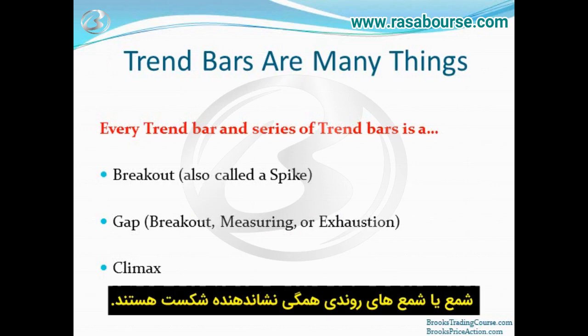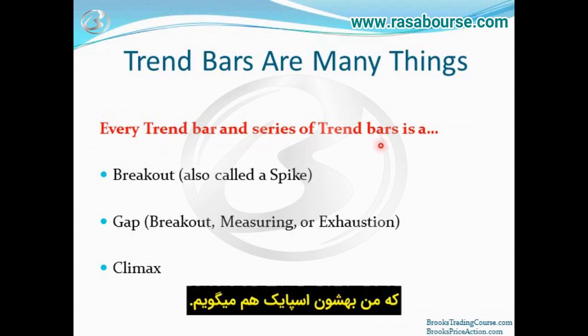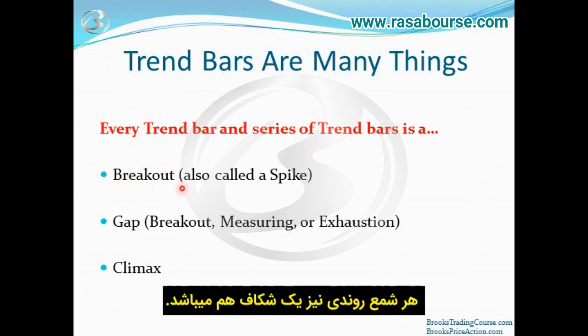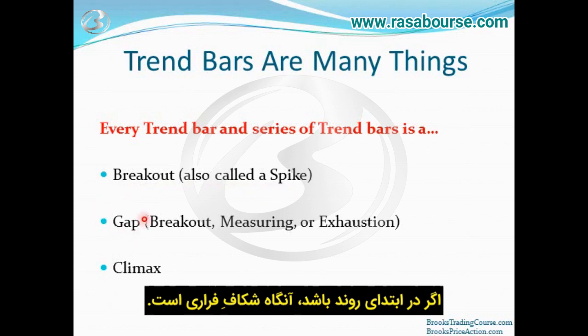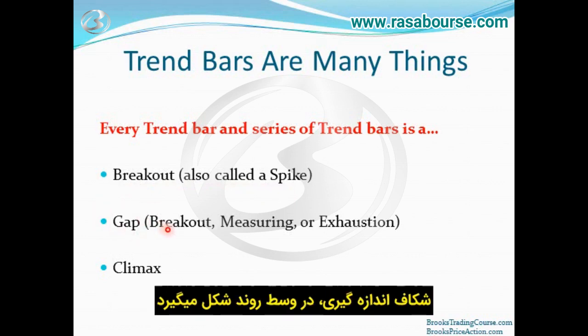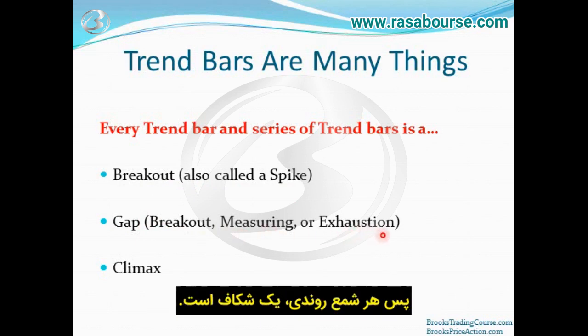Every trend bar, even a single trend bar, every series of trend bars is a breakout. I also call it a spike. Every trend bar is also a gap. Sometimes it's a breakout gap at the start of a trend, a measuring gap in the middle, or an exhaustion gap at the end of a trend. So every trend bar is a gap.